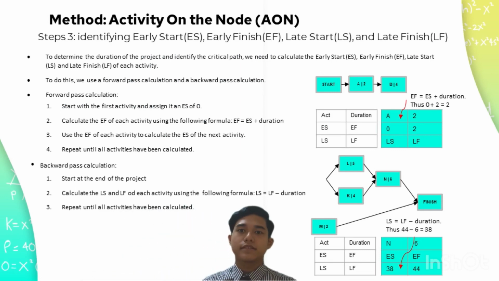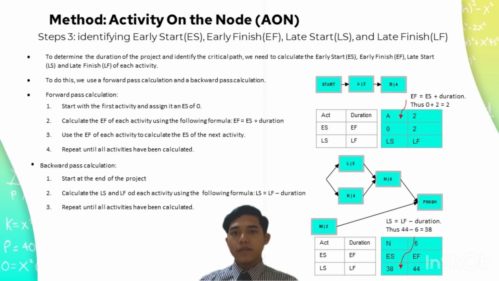Next is step 3, identifying early start, early finish, late start and late finish. To determine the duration of the project and identify the critical path, we need to calculate the early start, early finish, late start and late finish of each activity. To do this, we use a forward pass calculation and a backward pass calculation.